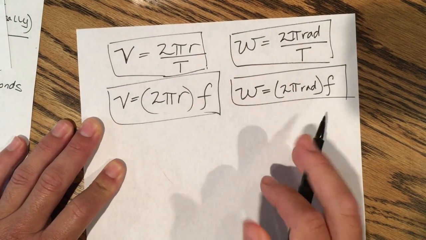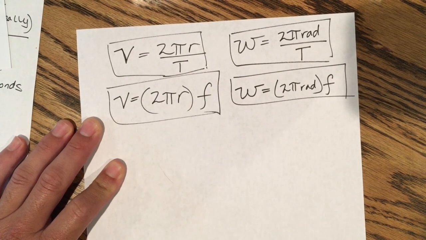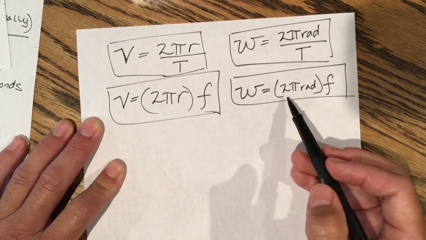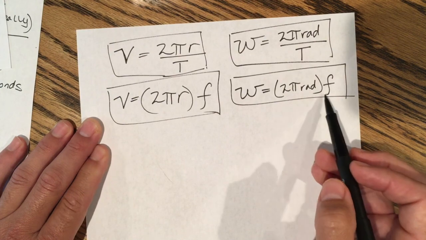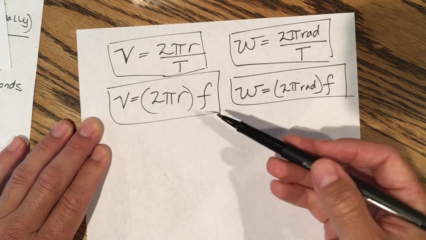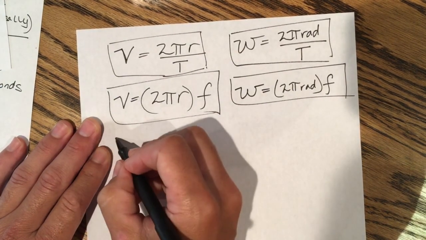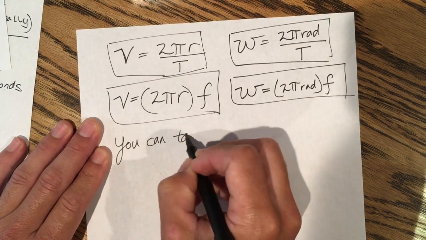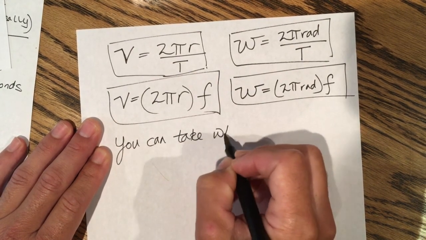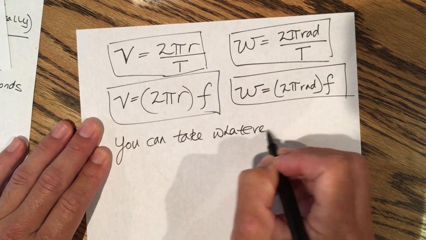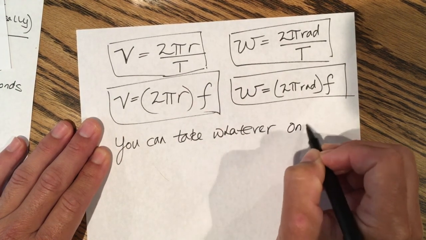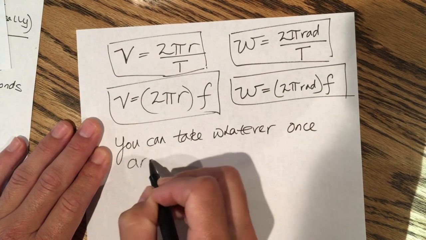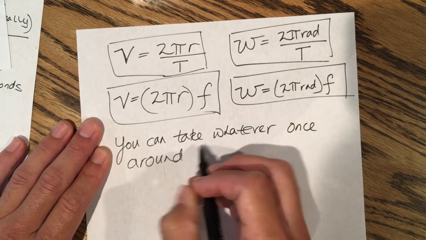I just want you to understand where these formulas are coming from, right? You can just take whatever once around a circle is, multiply it by the frequency and get that type of velocity. I'll go ahead and write that down.